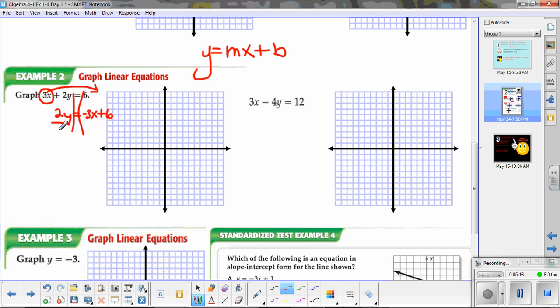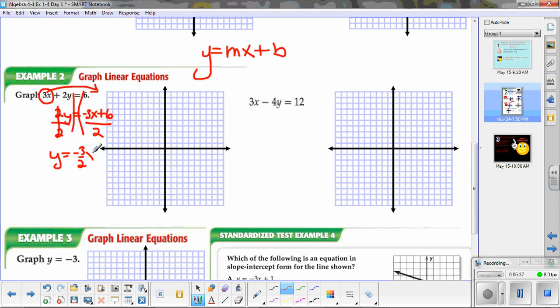So I'm going to divide the left side by 2, and I'm going to divide everything over here by 2 as well. So 2y divided by 2 is just y. Now over here, negative 3x divided by 2, I'm going to just write that like this as negative 3 halves x.